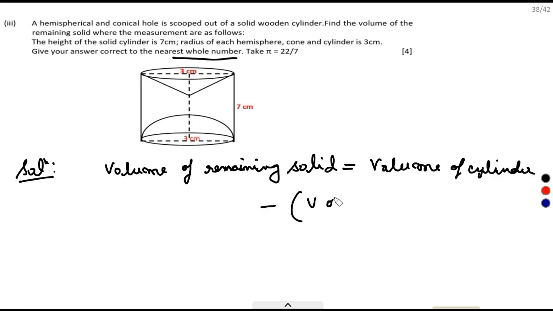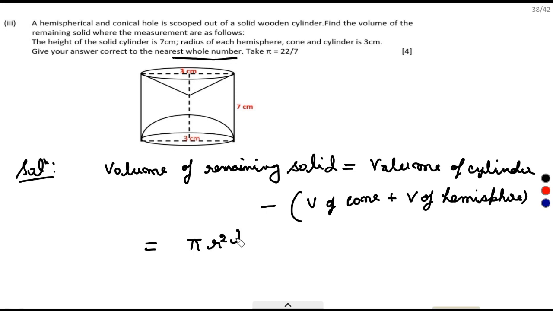Minus volume of cone plus volume of hemisphere. Volume of cylinder is pi r square h. Volume of cone is 1 upon 3 pi r square h, and volume of hemisphere will be half of 4 upon 3 pi r cube.